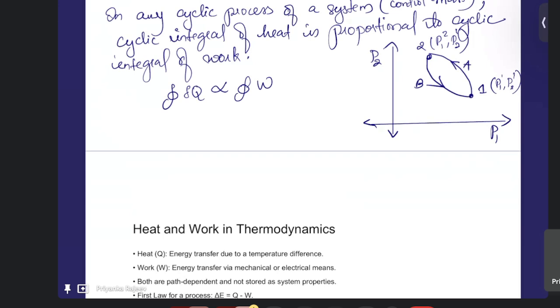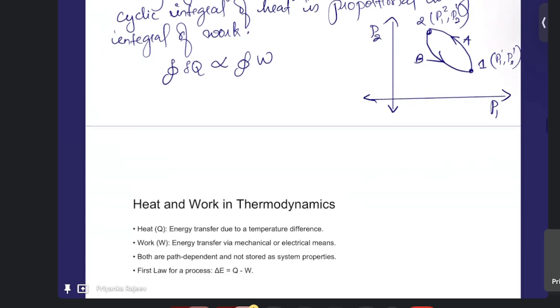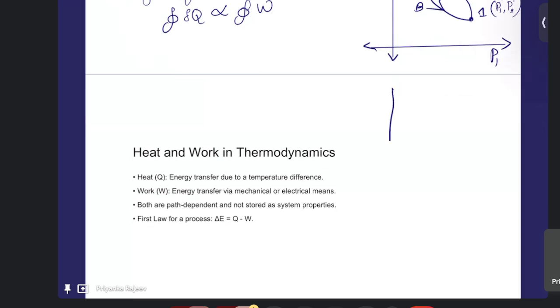So for example, if there are several paths happening, suppose there are five states. So you have got a property chart again, I am drawing, and you have got 1, 2, 3, 4 and 5.